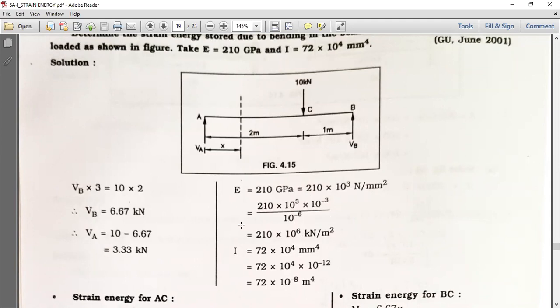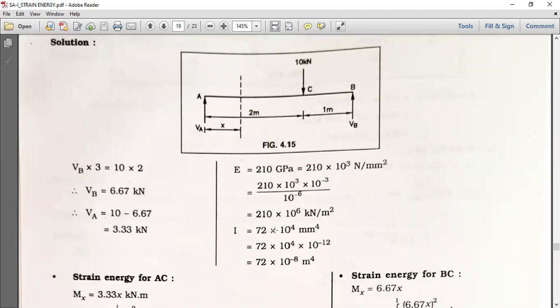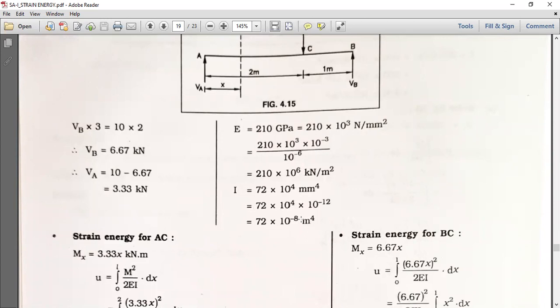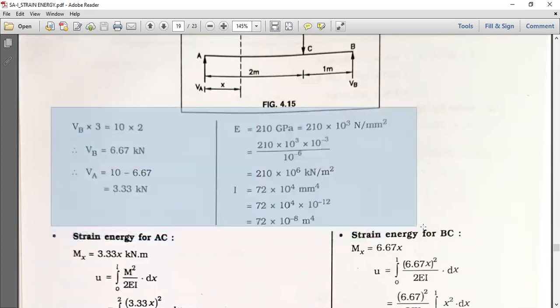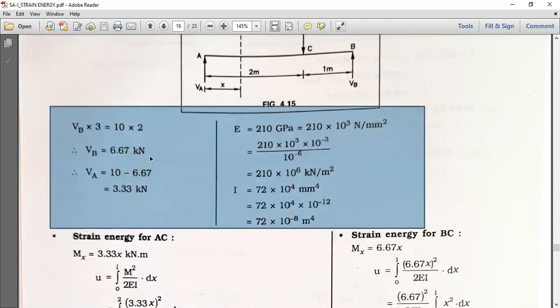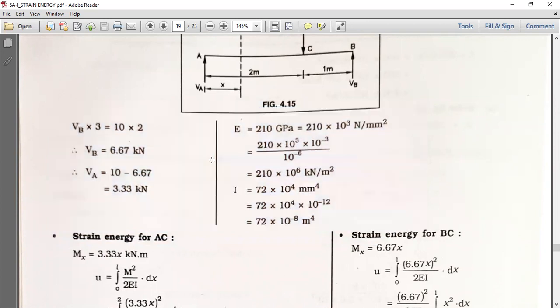We get 210 into 10 raised to 6 kilonewton per meter square. Similarly, 72 into 10 raised to 4 mm raised to 4 becomes 72 into 10 raised to minus 8 m raised to 4. Now we have converted all the units into one system.